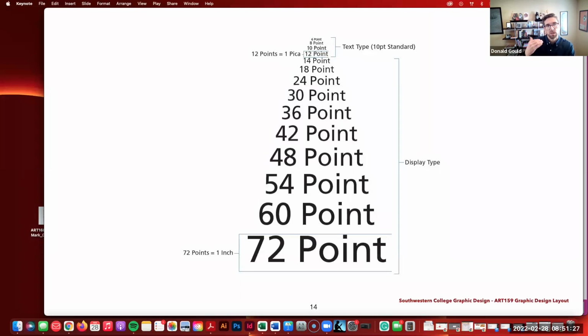That's not too small to where we can't read it, but also not too big to where it's going to take up so much space for a larger area of content. And once you start getting into the larger point sizes, 14 and above, we start getting into what we refer to as a display type size, meaning that's going to be your header, your title of the piece, right?